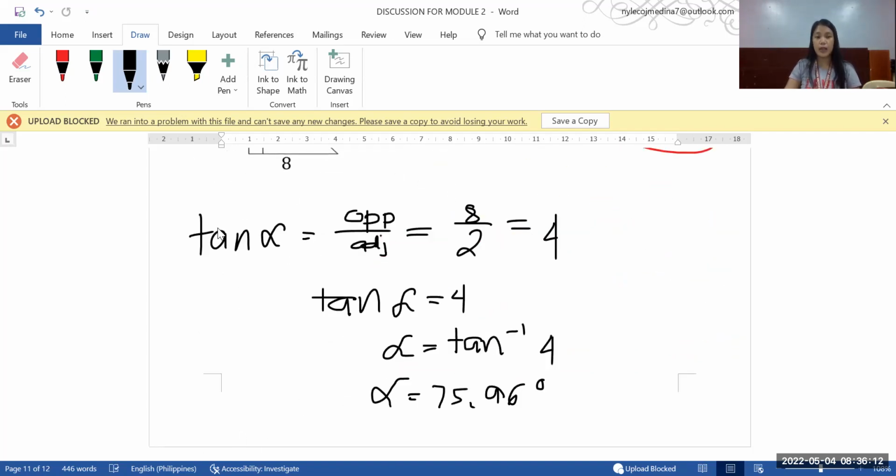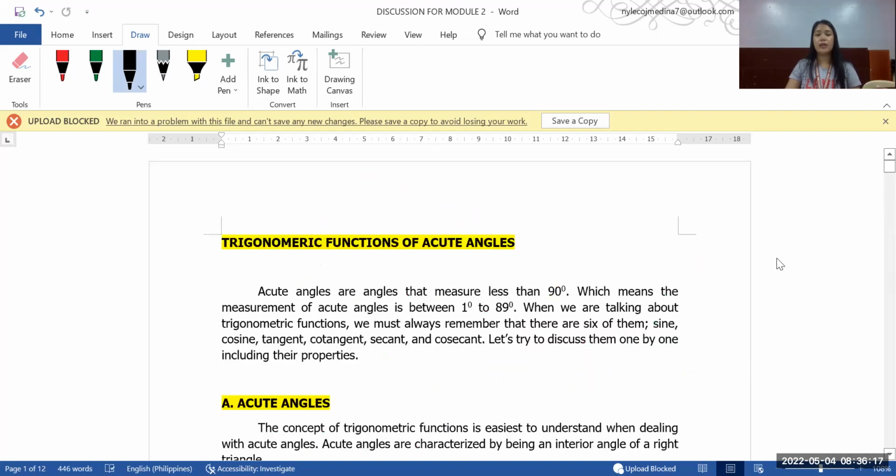And that is how you get the different trigonometric functions, the different angles, and the different sides of your right triangles and acute triangles. So I have tackled all the scope of your exam. For as long as you understand our topic, you will be able to understand your examination. So, better prepare for your exam. Please always follow instructions and have a complete set of your solutions.